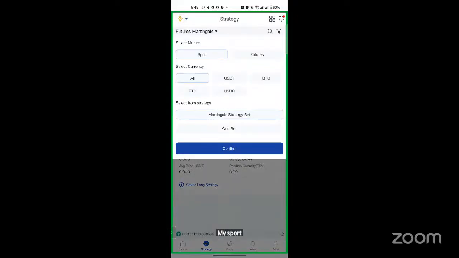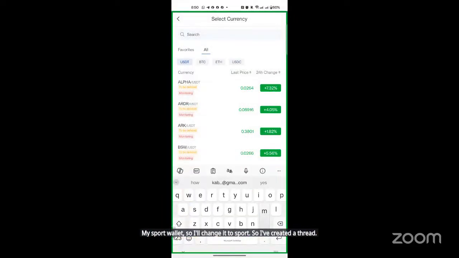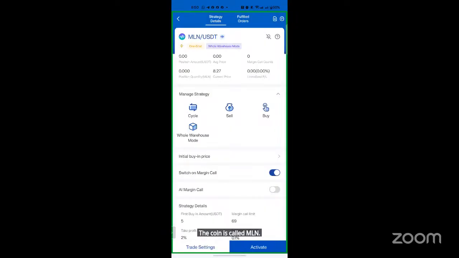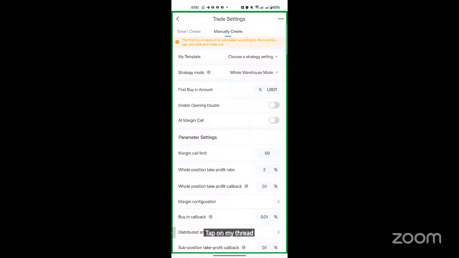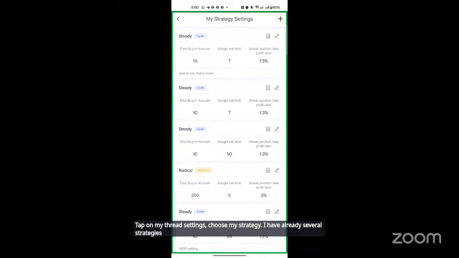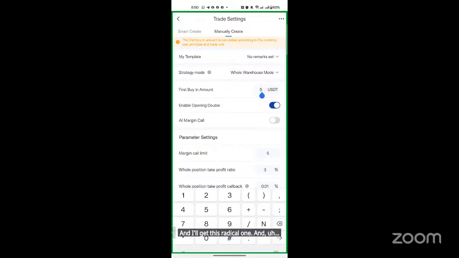So I'll change to spot. So I'll create the trade. The coin is called MLN. Good. Tap on my trade settings. Choose my strategy. I have already several strategies of mine, and I'll take this radical one. I want to invest some good money.